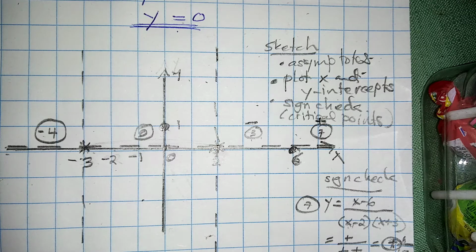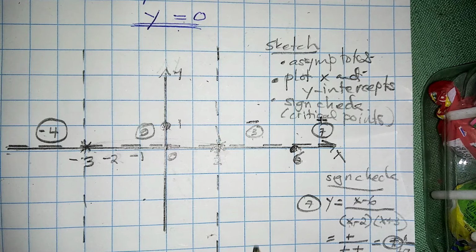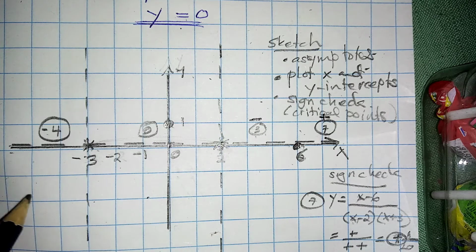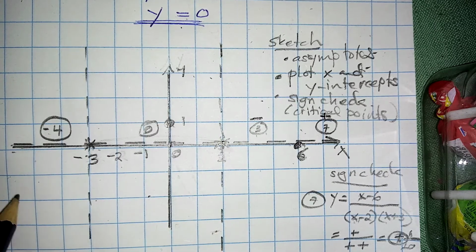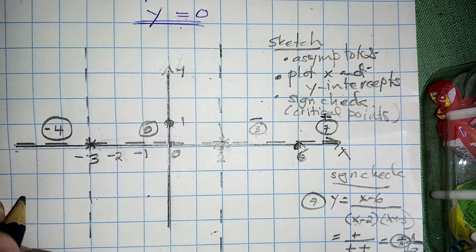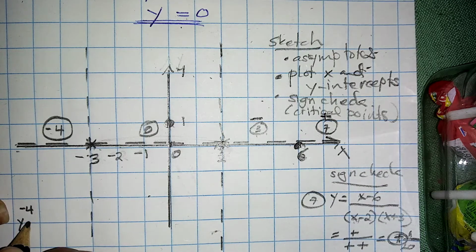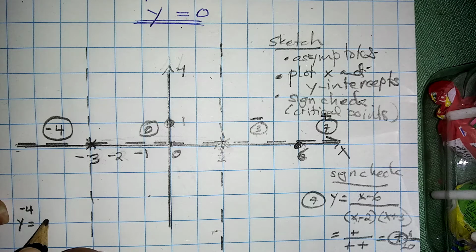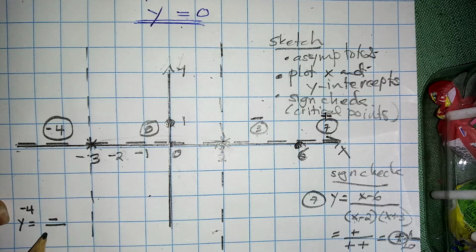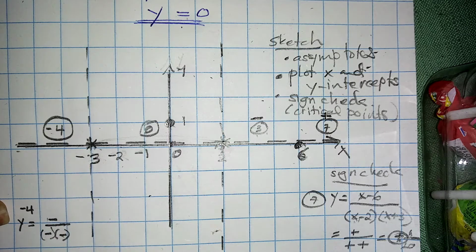Now let me sign check another number on this side. I'm going to sign check -4. If I put -4 in the numerator, it's negative, and the denominator, negative times negative, so negative divided by a positive is negative.